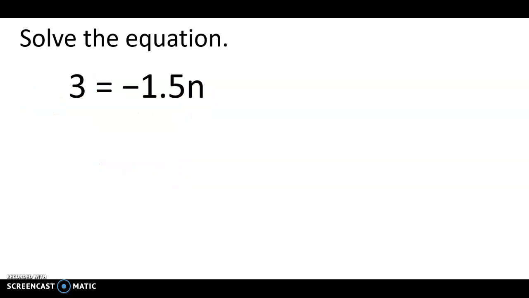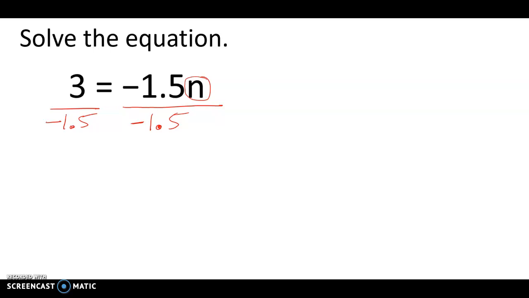All right, the next one, the variable term this time is on the right side of the equal sign. Now the -1.5 is touching the n. That means multiplication. So to undo multiplication, we do division. So we're going to divide both sides by -1.5. So if you have a calculator, you would actually try it out.